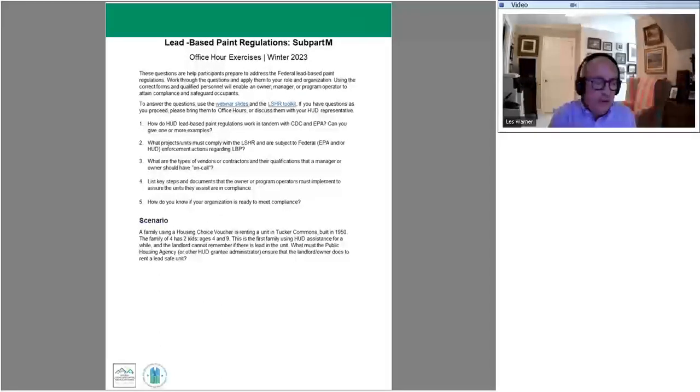We've talked about needing to have a certified clearance technician. In this example, we have a household that's waiting to move in. So this process needs to be completed, including clearance, before that can happen.